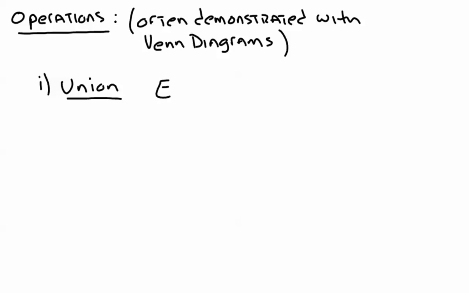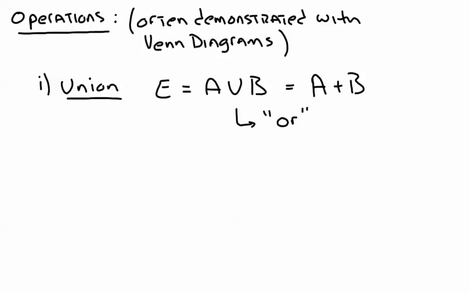Set E equals A union B. Sometimes, I don't use this notation very often, but some books will use this notation, A plus B. The crux of the issue here is that the union operation represents an OR. This is the collection of elements that are either in set A or set B.